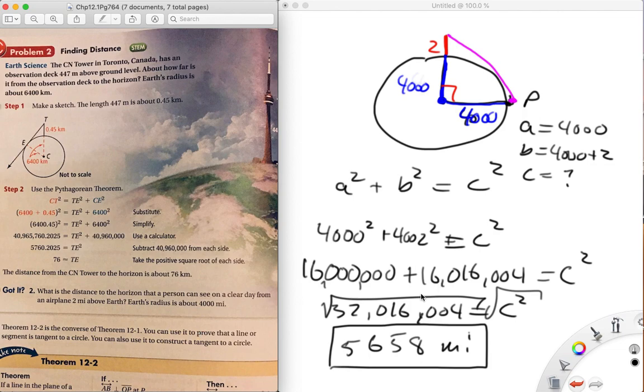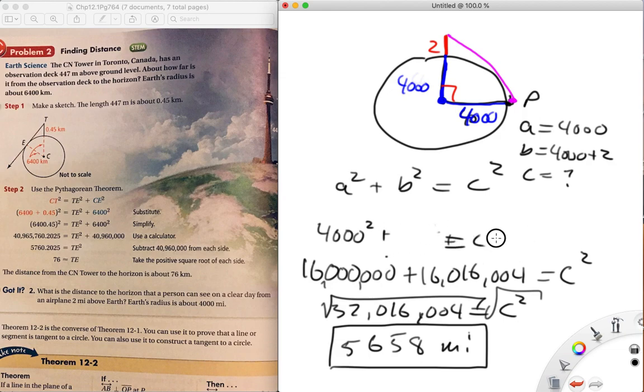Oh, there's an error. My error. It should equal 4,002. That makes sense. So we're looking for B squared.